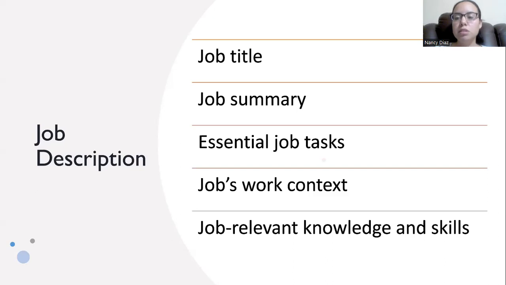Job relevant knowledge and skills is similar to the job work context, but these are already required information that will be needed in order to succeed in the job position. All these subtitles in the job description are linked to ensure that you're able to perform the job accurately. Relevant knowledge and skills can include things such as education and knowledge in regards to mathematical problems.